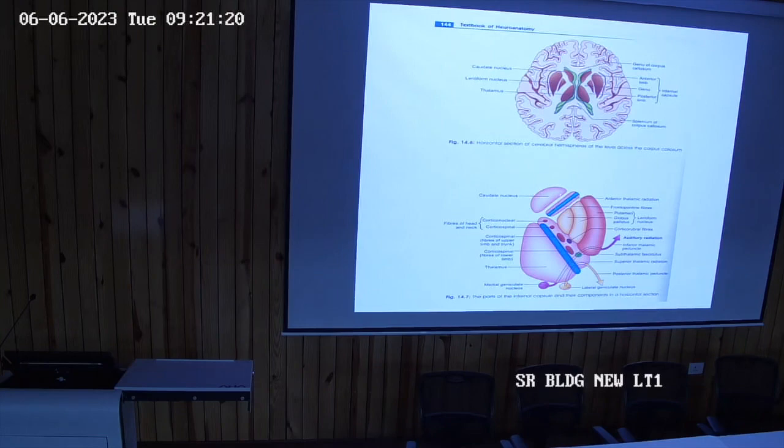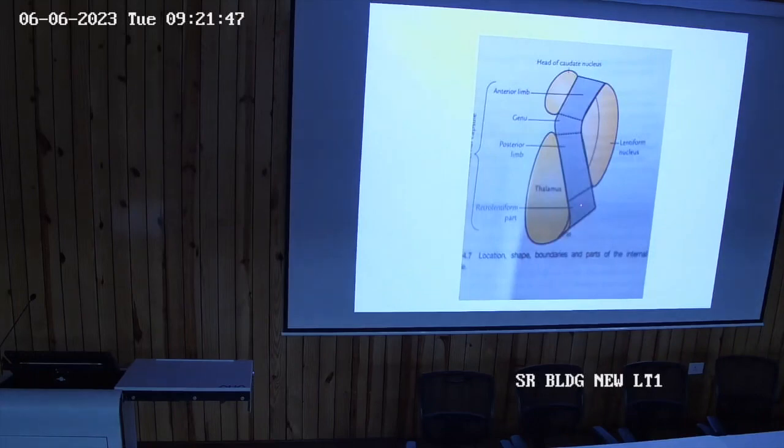And this internal capsule, we divide into three regions: the anterior limb, the posterior limb, and the junction of the two, which shows the band, that is the genu. It also has two more parts, just below the lentiform nucleus, not showing in this diagram.